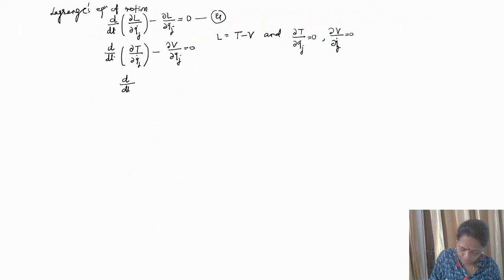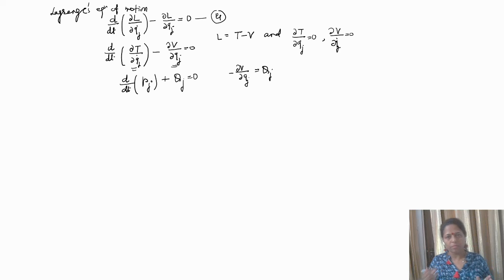This means this delta T by delta Qj dot means Pj, and this delta V by delta Qj may be written as Qj. In some of my previous lecture, I already told you that we may assume this in the form Qj.